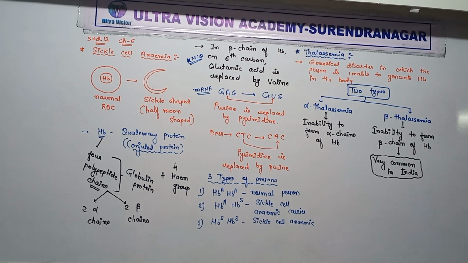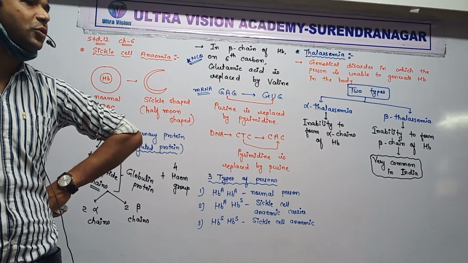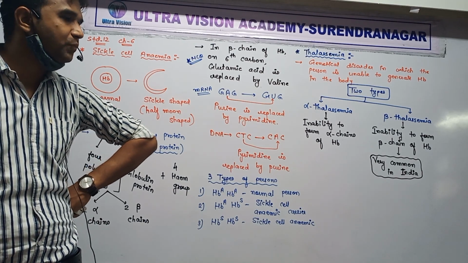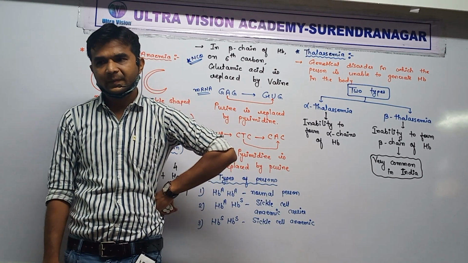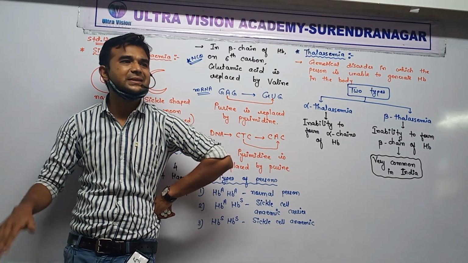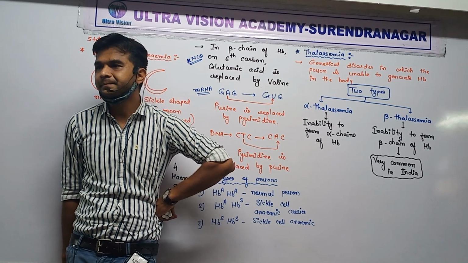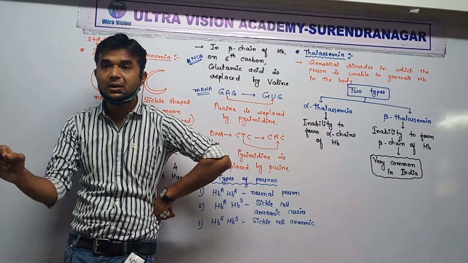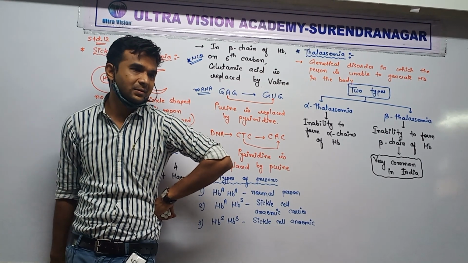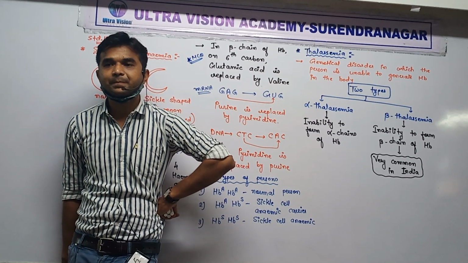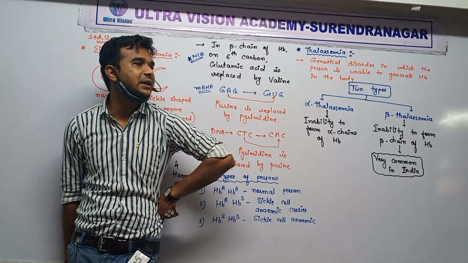A thalassemia minor person has a little bit of anemia. They have less hemoglobin and fewer RBCs. But that person lives a healthy life. There are no major defects or disability created in the body. I am talking about thalassemia minor. And if one parent has thalassemia minor, there is no chance of thalassemia major in that child.